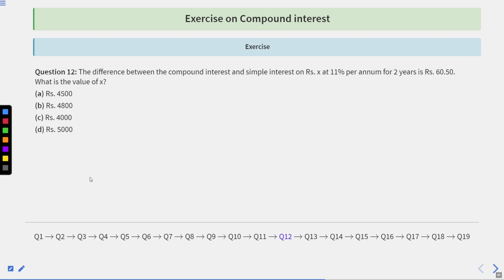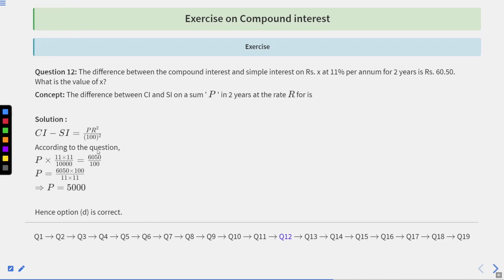Question number 12. The difference between the compound interest and the simple interest on rupees X at 11% per annum for 2 years is rupees 60.50. What is the value of X? So compound interest minus simple interest is equal to P times R upon 100 whole squared.